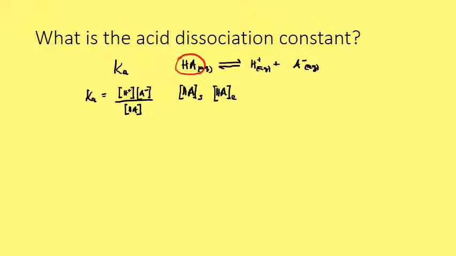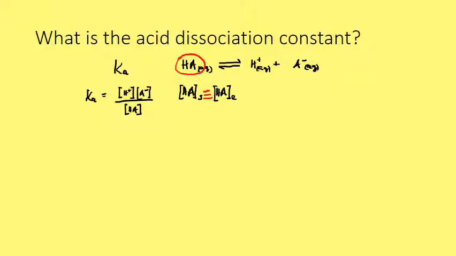Okay, so normally, with a reasonable amount of dissociation, you would get HA dissociating into the proton and the conjugate base, such that these would be different. However, for weak acids, there's so little dissociation that what you can say with a good degree of confidence is that the concentration of your weak acid at the start is the same as the concentration of your weak acid at equilibrium.